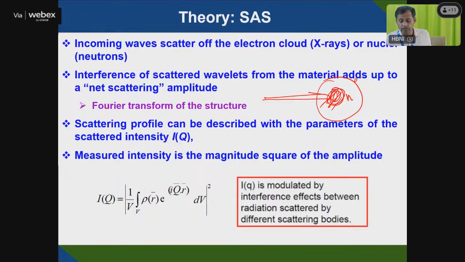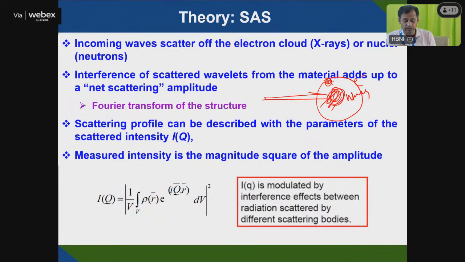So the incoming wave is scattered from the electron, in the case of X-ray, but in the case of neutron, it's scattered from the nuclei.